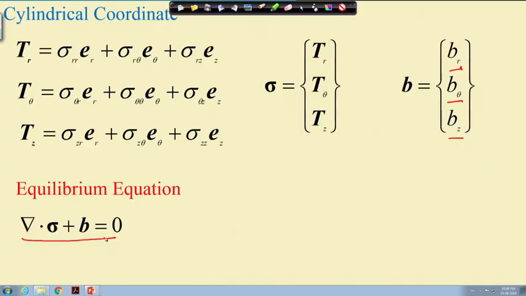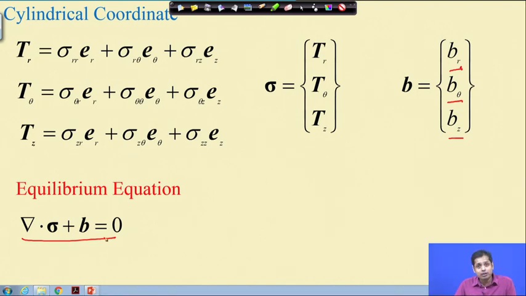Whether you use Cartesian, polar, spherical, or cylindrical coordinates, this equation remains the same. But the representations of sigma, B, and the del operator, the divergence operator, differ in different coordinate systems. When we replace those representations in this equation, we get the equation in the different coordinate systems, and that is what we are going to do right now.